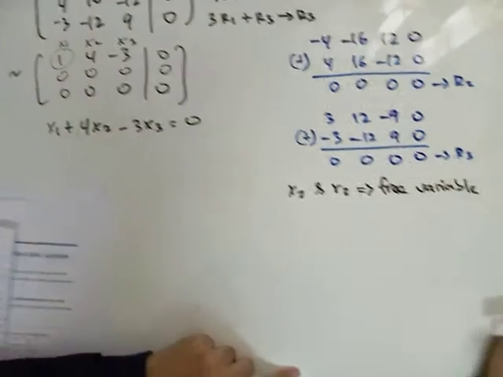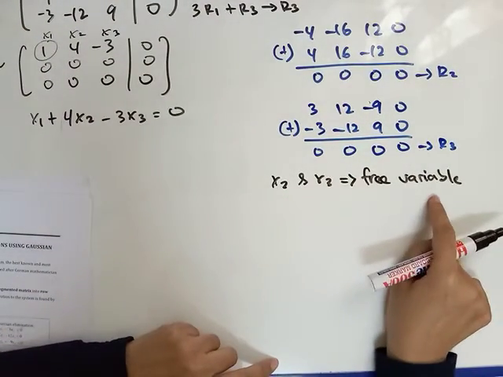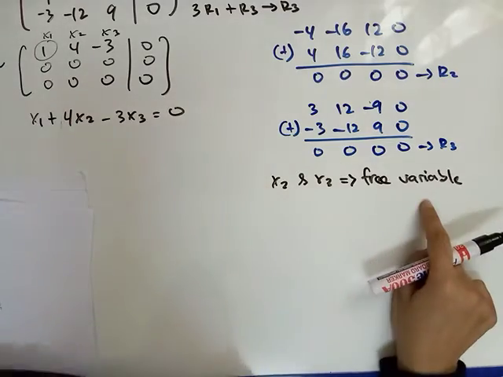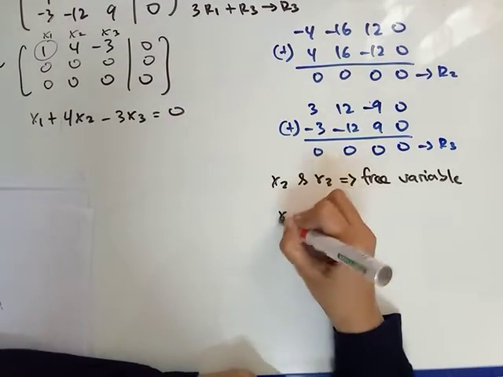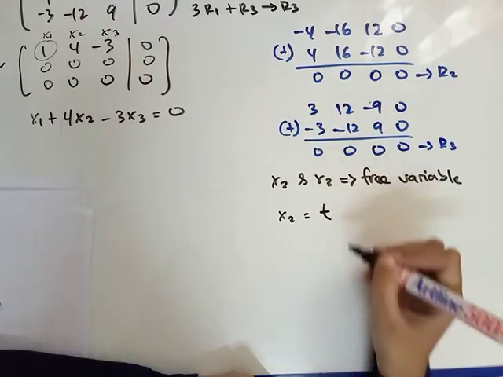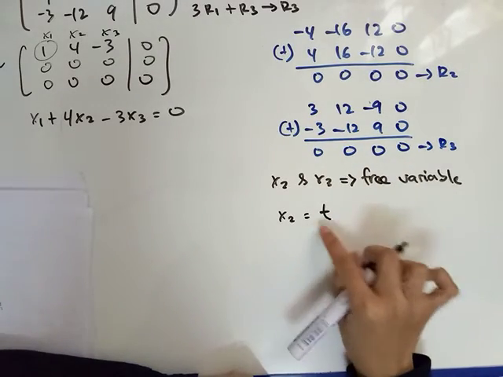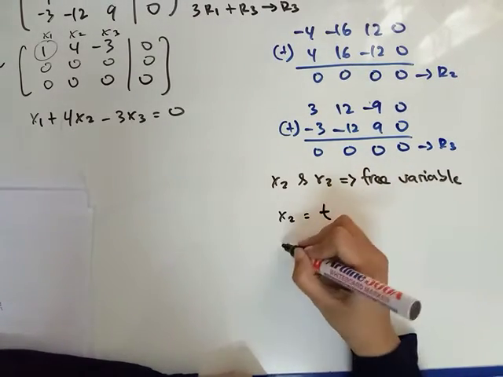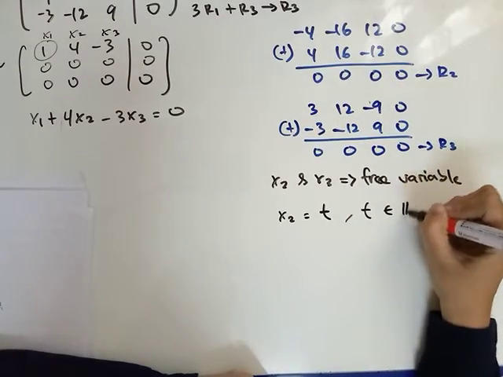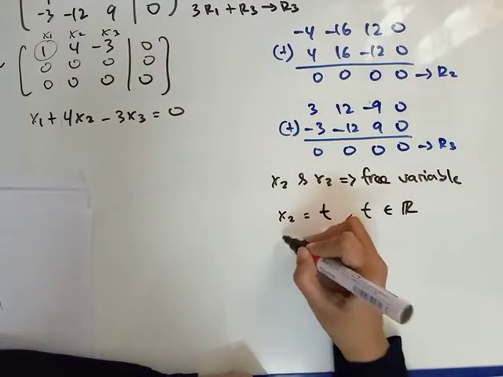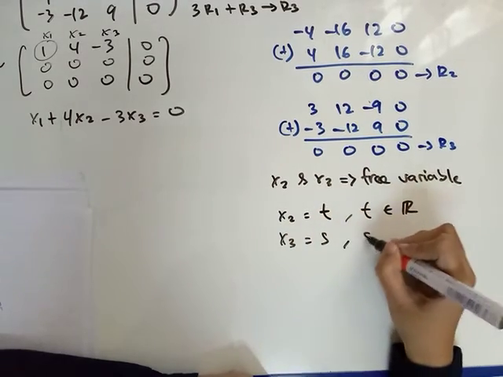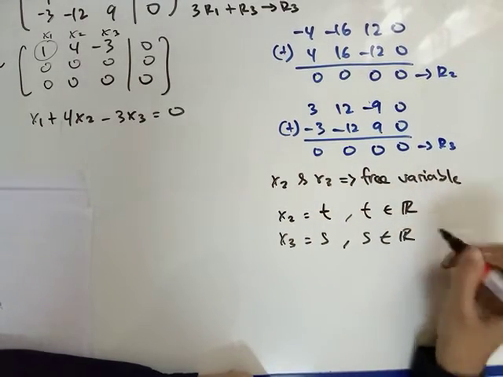Free variable means we can let x2 be t, where t can be any real number, and let x3 be s, where s can be any real number.